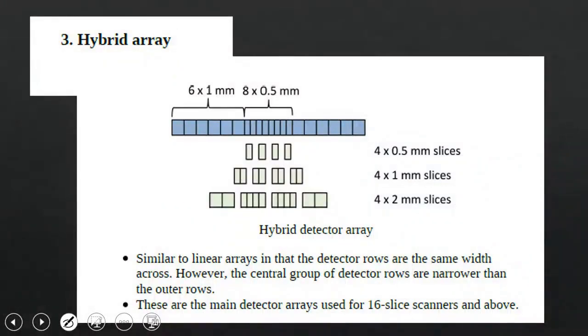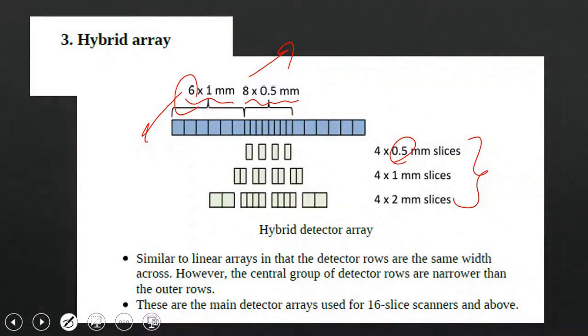Then it tells you, no, here it works like the linear, but my center is just giving you the option to be, for example, 0.5 millimeters, and the outer part, in this example, has 8 rows of detectors at 0.5 millimeters in the center, and on the periphery, there are 6 rows of detectors at 1 millimeter. So it gives you the combination you can work with: 4 at 0.5, 4 at 1, 4 at 2 millimeter slices. Accordingly, you have a half, so it will take here 4 rows, each one of them half a millimeter.